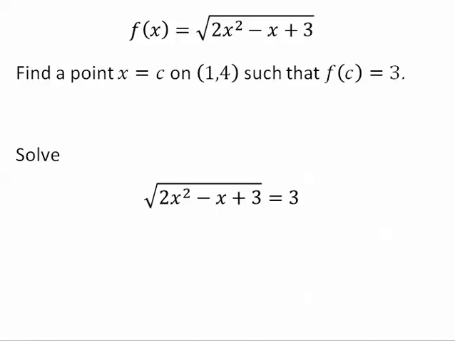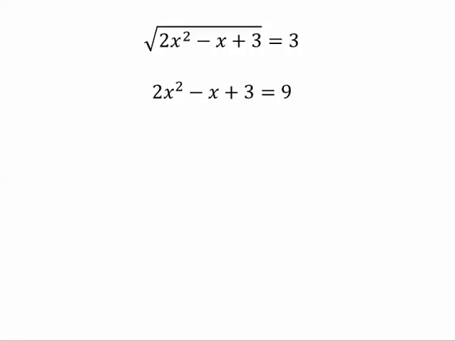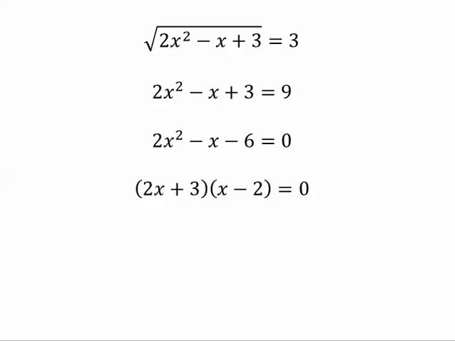Well, that's really just an algebra problem. We take the square root and set it equal to 3, and just solve for x. We square both sides, and then we've got a quadratic on the left-hand side. So we subtract 9 from both sides, and then on the left-hand side, if we can, we factor it.